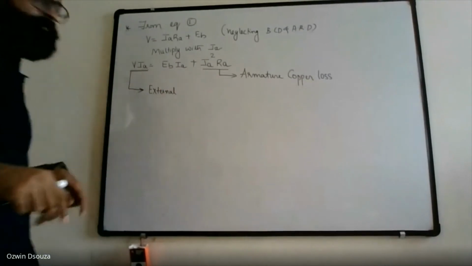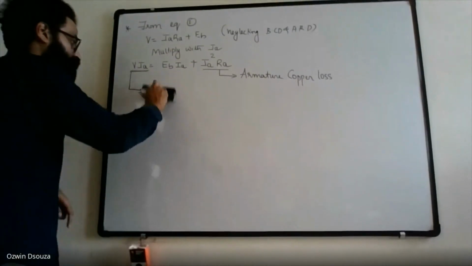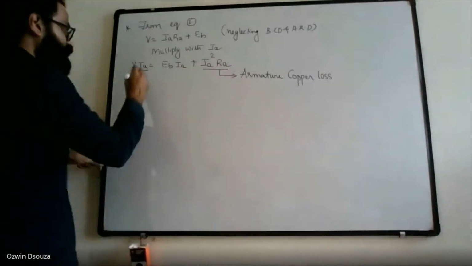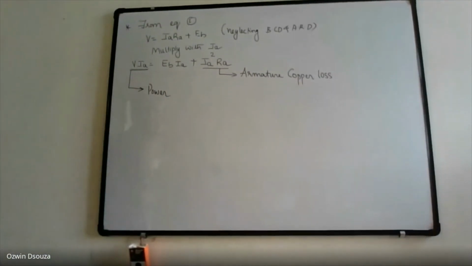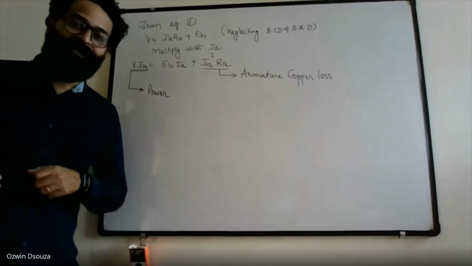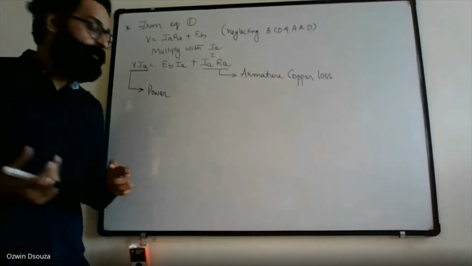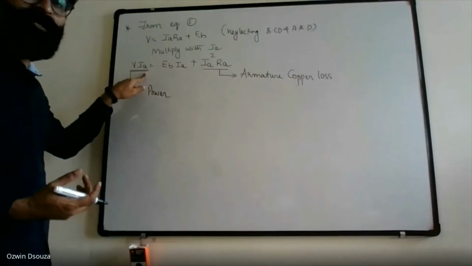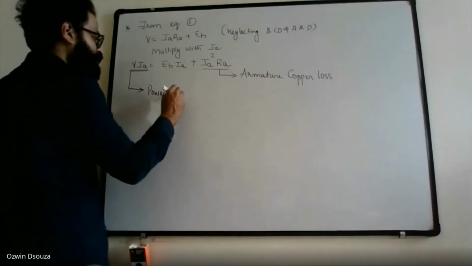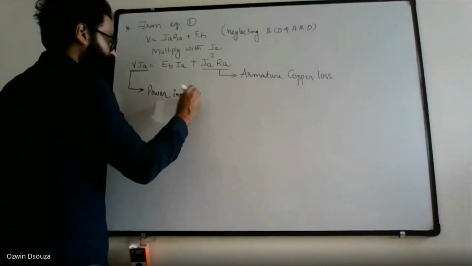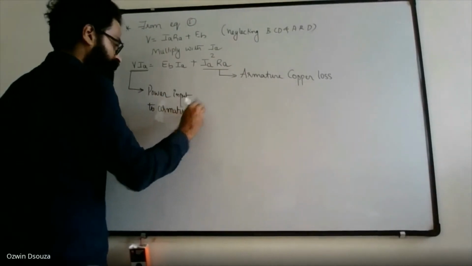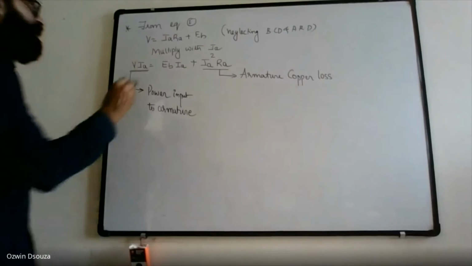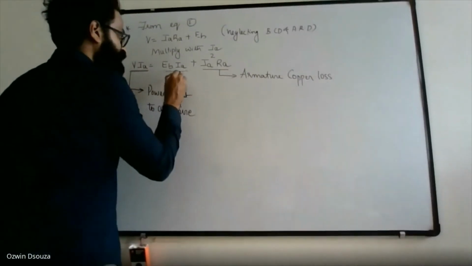Power input to the armature, sorry. Because when you say external power input, it should have been V into IL, the line current. But here, not considering line current, you are considering armature current. So you can write power input to armature.